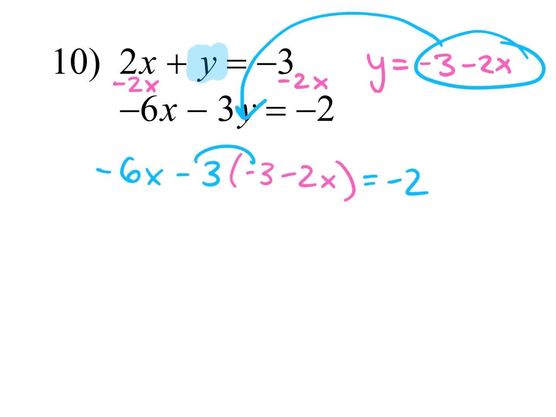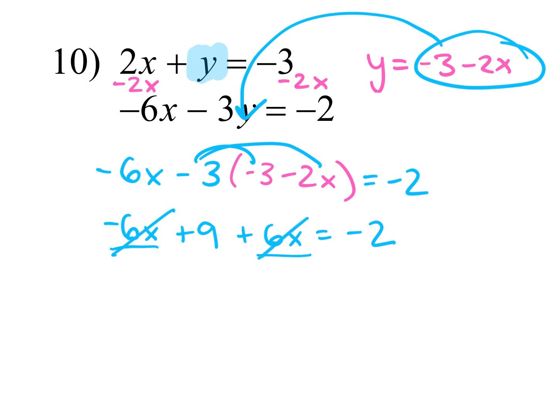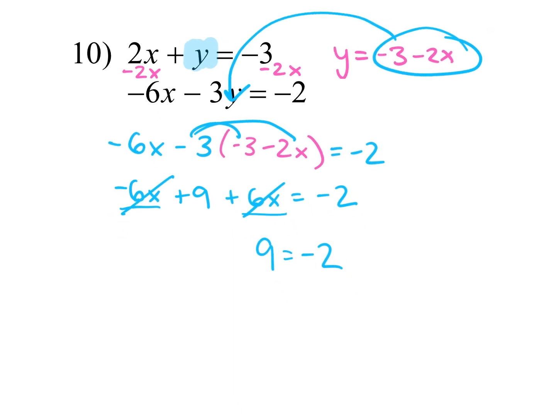We're going to distribute the negative 3 to everything inside the parentheses. So negative 6x plus 9 plus 6x is equal to negative 2. What would we do next? Combine like terms. Negative 6x plus 6x cancels, so we have 9 is equal to negative 2. Does 9 equal negative 2? So what would our answer here be? No solution.